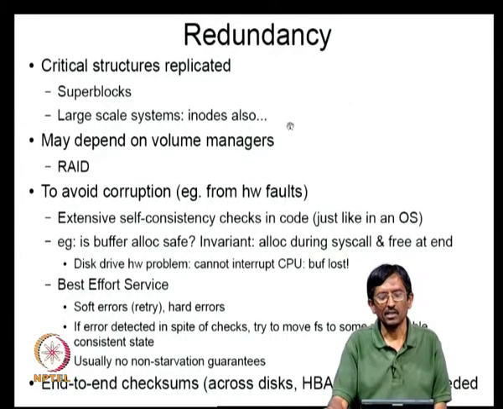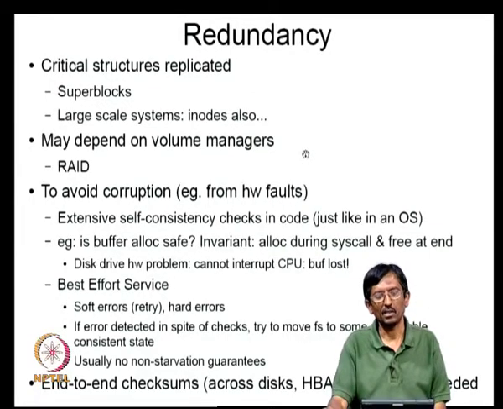If you look at some of the more recent file systems, for example, ZFS from Sun is a good example of this. They discovered by talking to various customers that avoiding corruption of the file system metadata or data is quite critical, and there is already data saying, for example, that in large scale systems almost every 15 minutes or so there is a silent corruption.